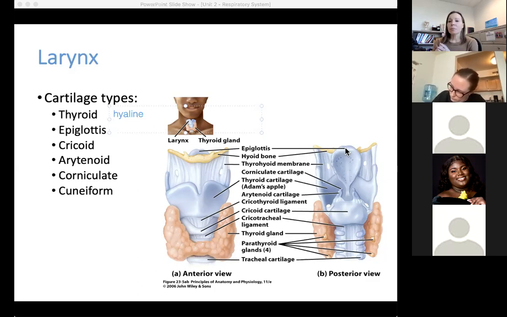And what you can add for the epiglottis is that it acts as a lid to cover the glottis, which is a term I am about to define in a minute. So it acts as a lid to cover the glottis when swallowing food or liquid.